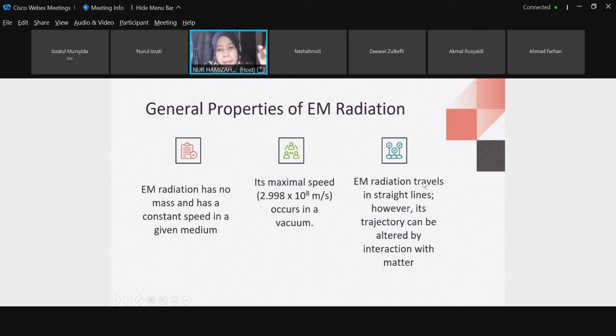EM radiations travel in a straight line, but their trajectory or path of travel can be changed whenever they interact with matter.